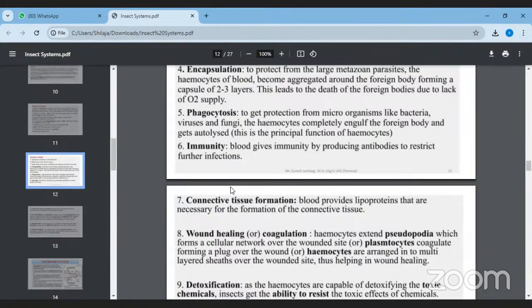And secretion and formation of other tissue is also an important role, where hemocytes will activate the prothoracic glands before molting, and hemocytes are also involved in the formation of fat in the body. So we can write all these things in the functions of the hemolymph.